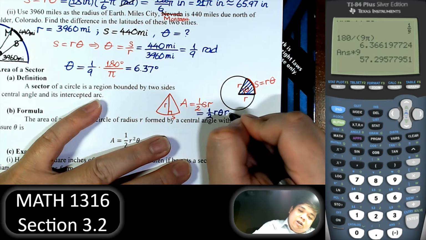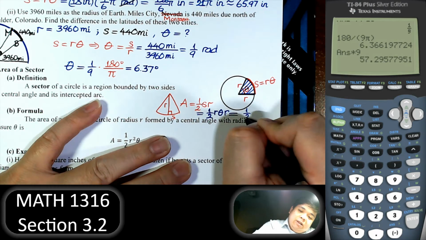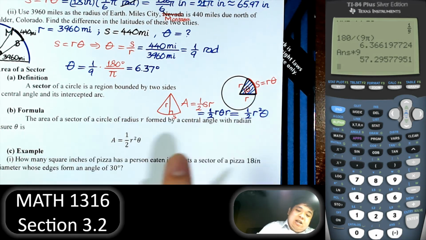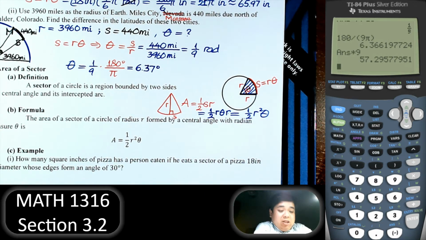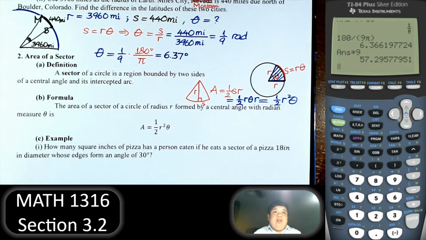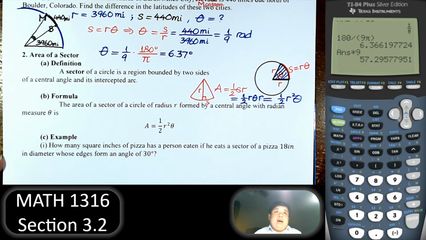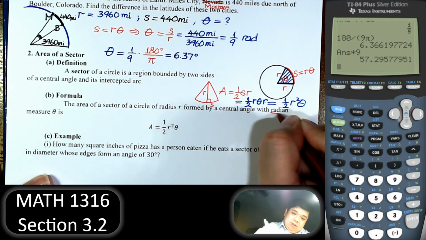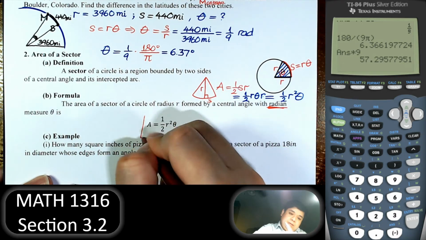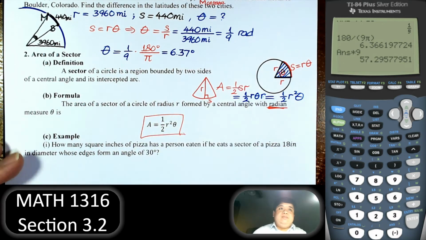R times r makes it 1/2 r squared theta, and that's exactly what we have. So the area of the sector is equal to 1/2 the radius squared times the angle. Make sure, as always, it has to be in radian measure.